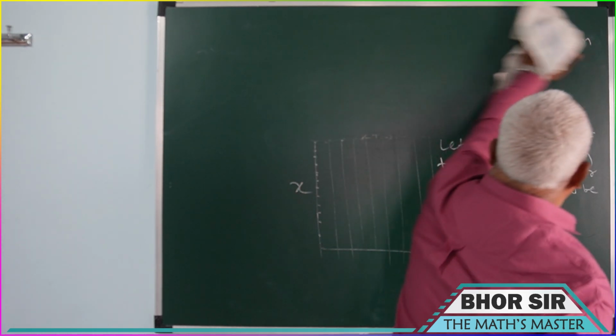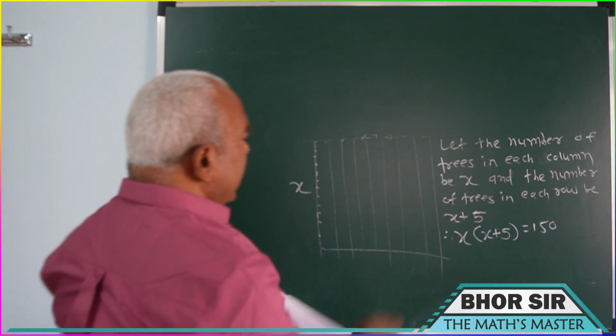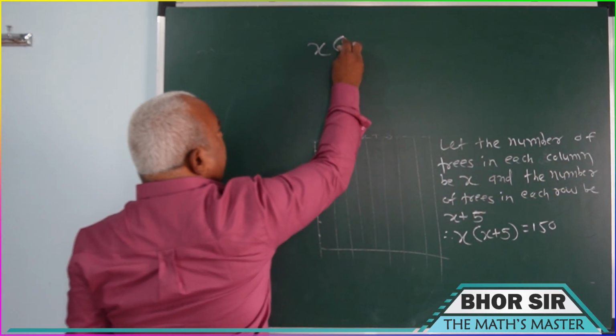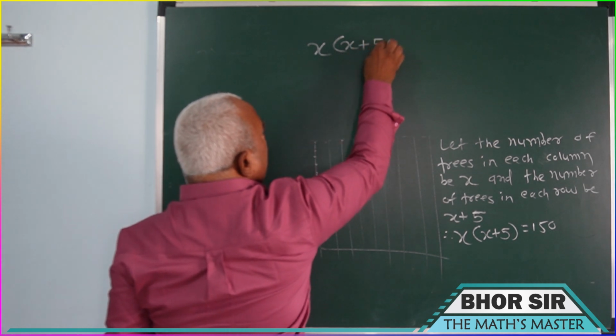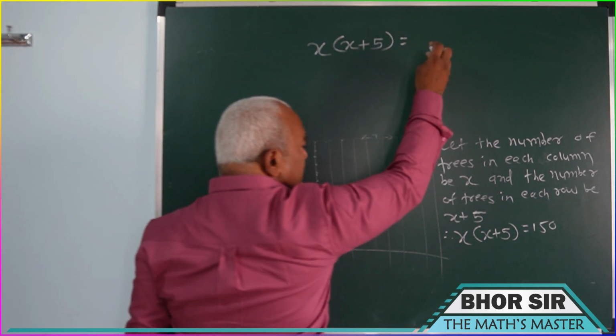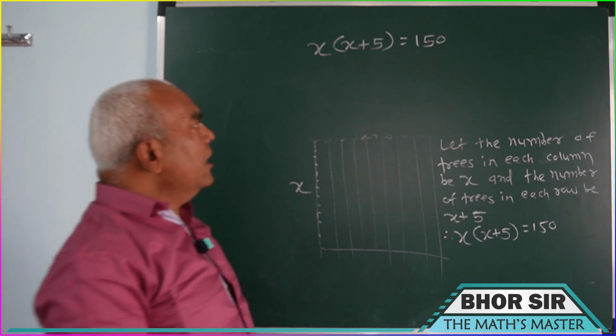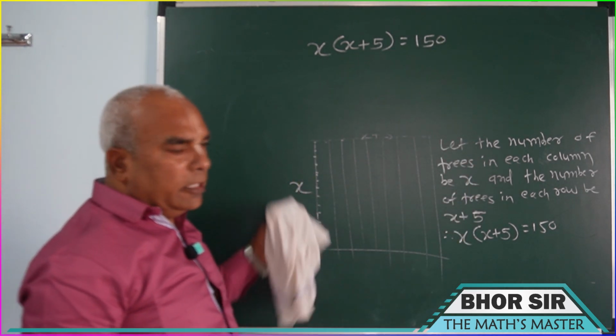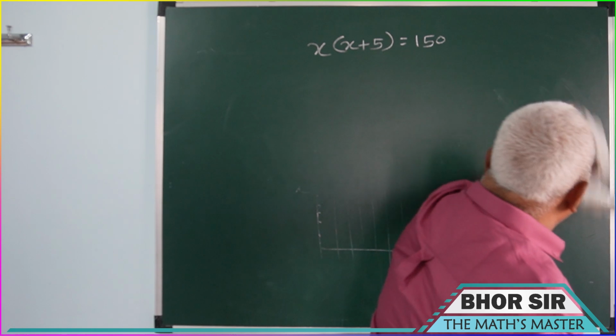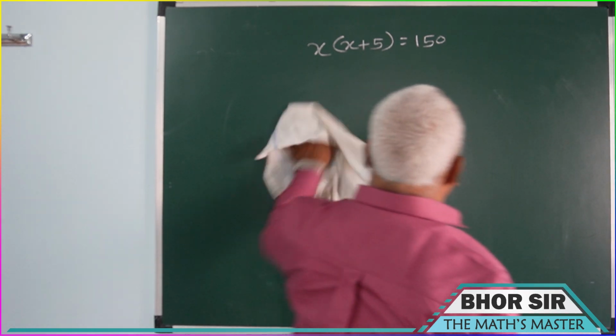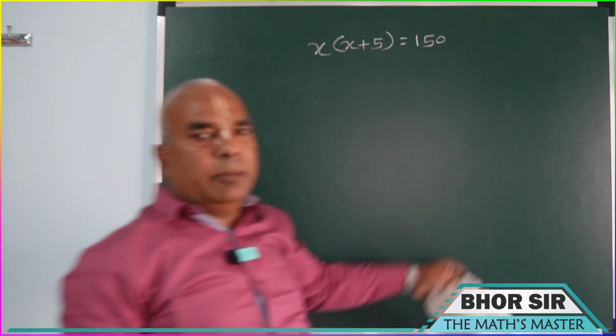See now here, how to solve this equation? x in bracket x plus 5 is equal to 150. The total number of trees is 150, the number of trees in each column is x, and the number of trees in each row is x plus 5. We are doing multiplication only.